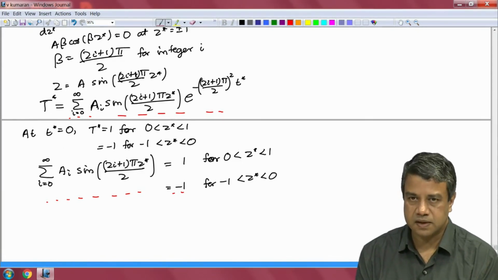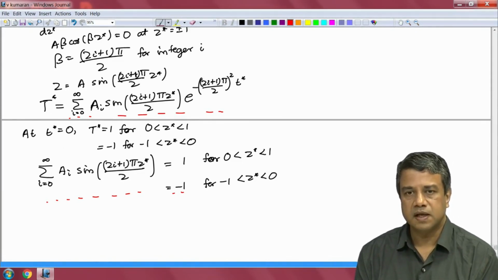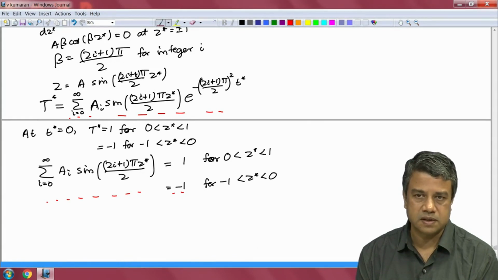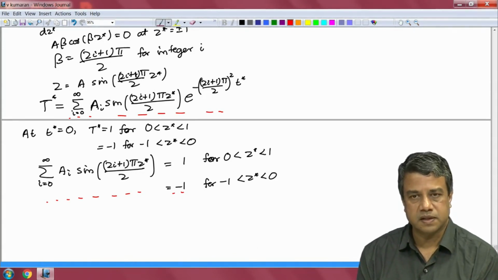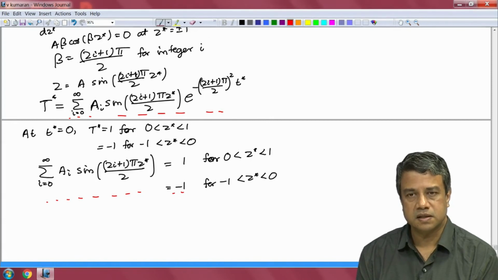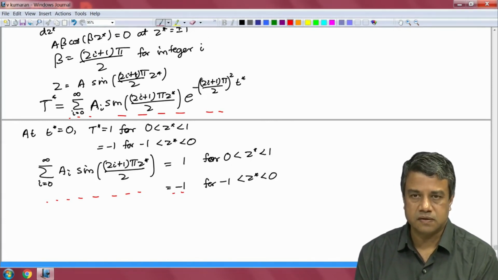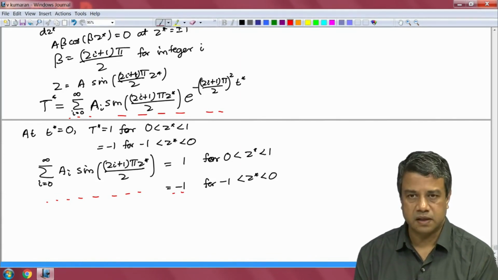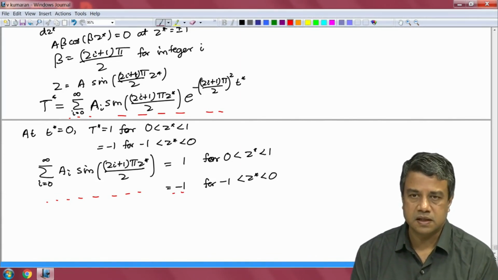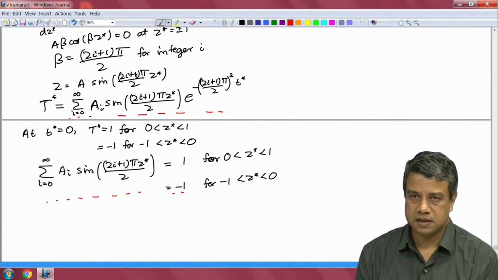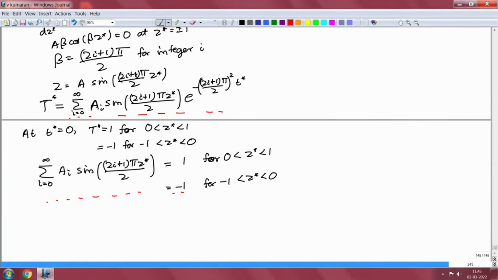You can actually get a discontinuous function by taking an infinite series of continuous functions. Of course, at initial time, if it is discontinuous, you would need an infinite number of terms in the series, but it is still possible to represent a discontinuous function by a series of continuous functions, provided that series is what is called complete and orthogonal. I will use the orthogonality relations in the next lecture in order to find these coefficients AI.